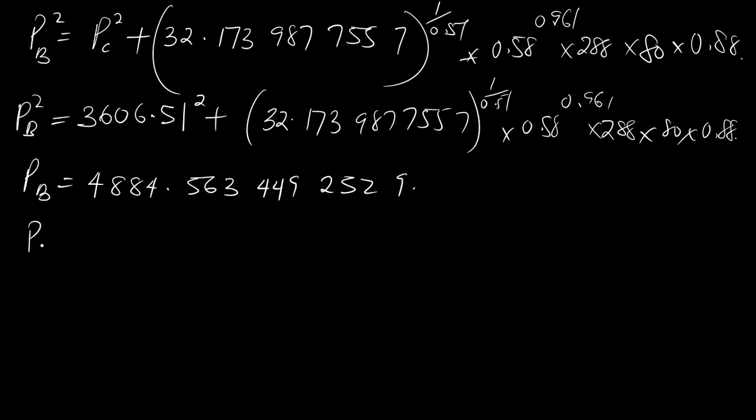So we have PB to be equal to 4,884.6 kilopascal. Now let's calculate for our pressure at what?